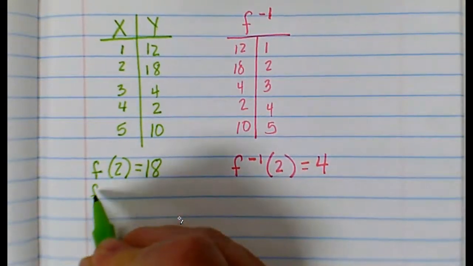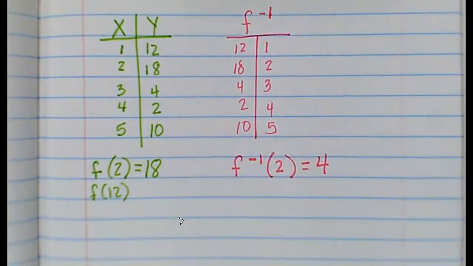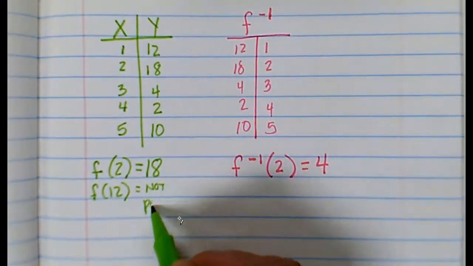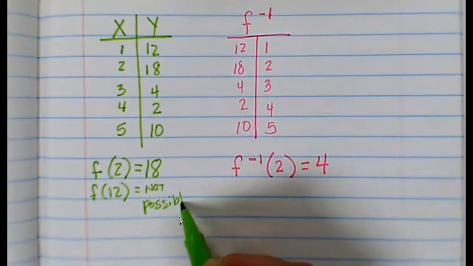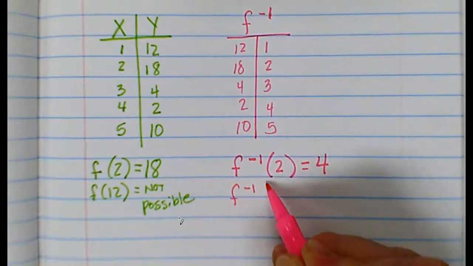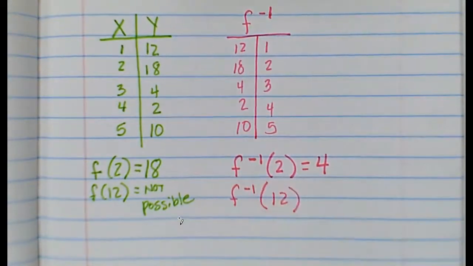If I'm looking at f of 12, do we have an x value of 12? But is there an inverse of 12?